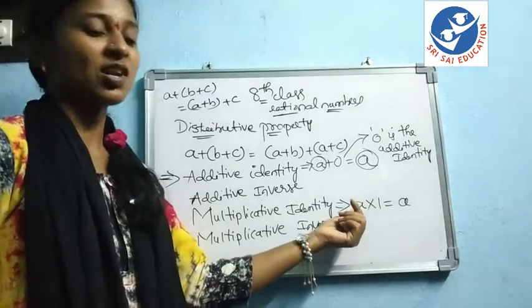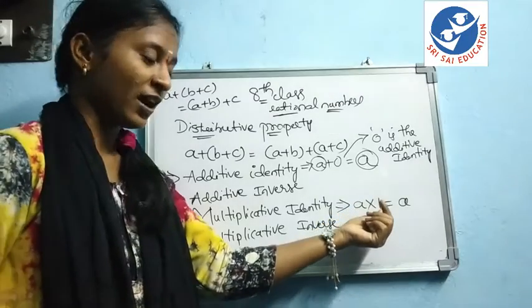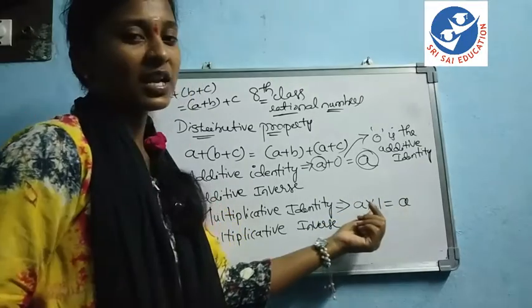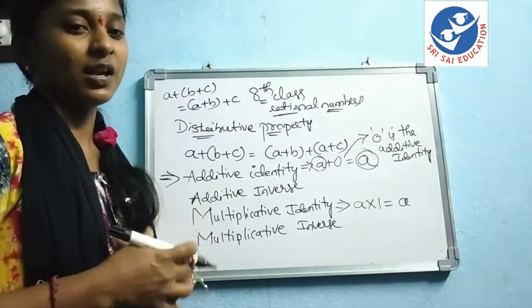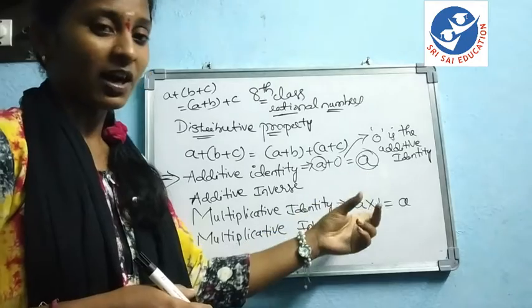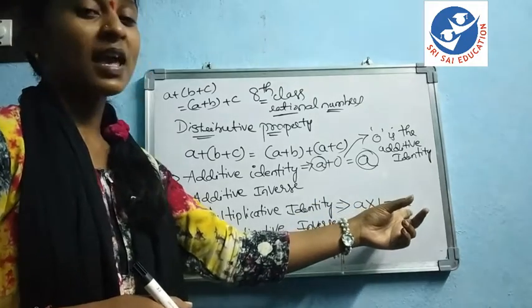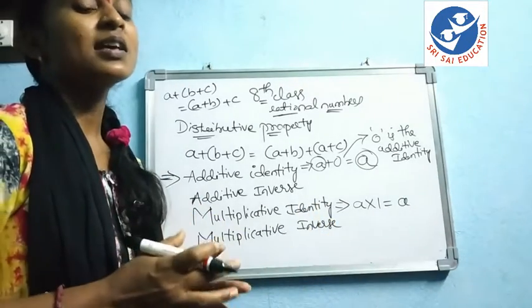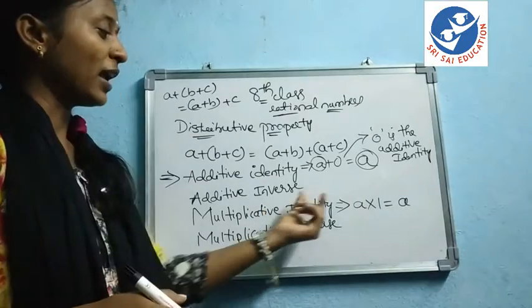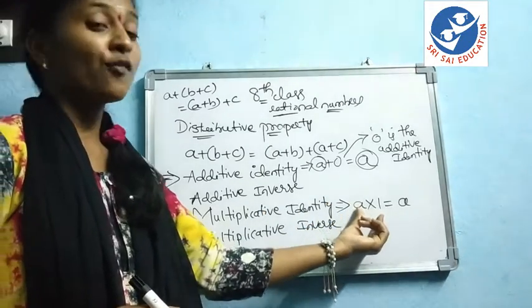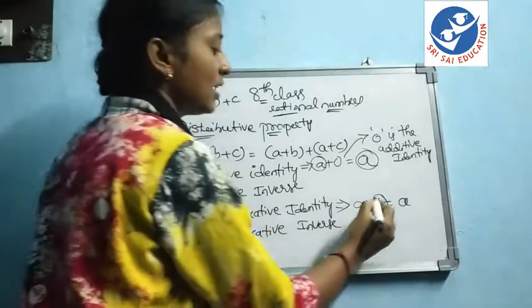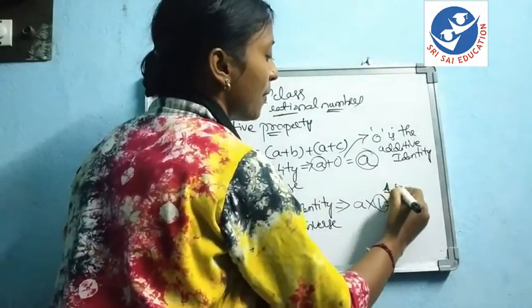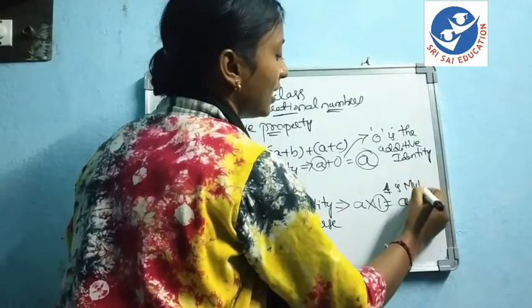A is a rational number. Multiplied with 1, we get the same rational number. If we take any rational number multiplied with 1, we get the same rational number, it remains the same. That is multiplicative identity. Therefore, 1 is the multiplicative identity.